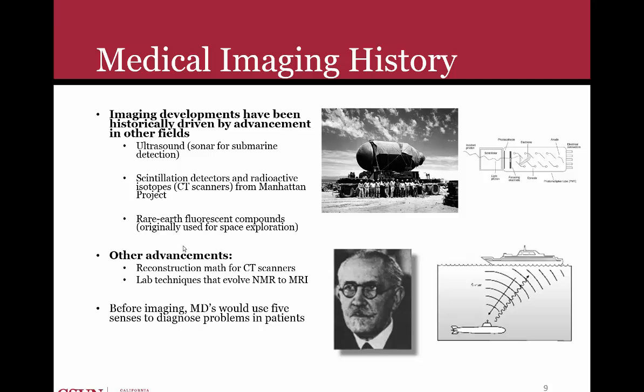Some other advancements that maybe weren't specifically tied to military are the math that goes behind converting the data from CT scanners into actual images, and also the techniques that evolved from what's called nuclear magnetic resonance, which was basically used to image chemicals, into magnetic resonance imaging, which is obviously used to image the human body.